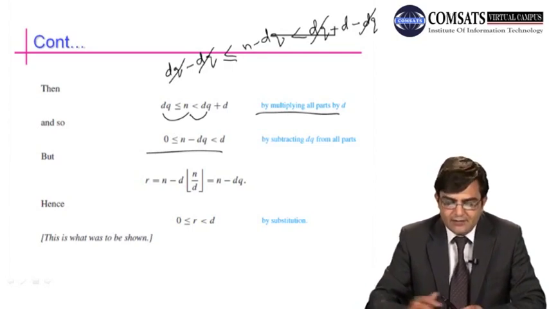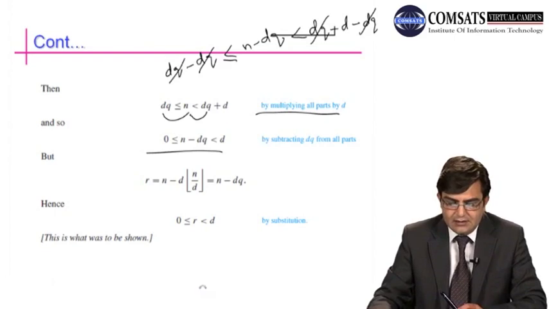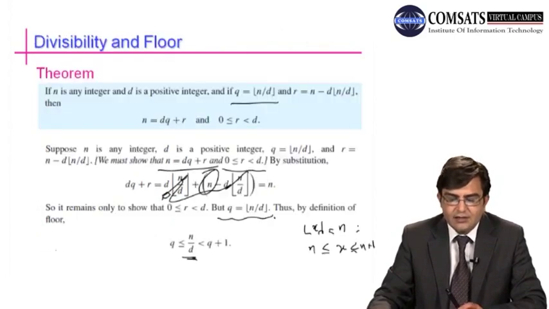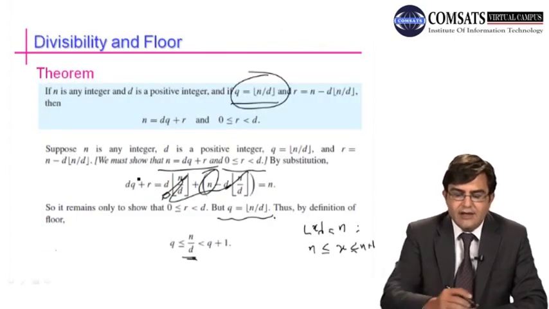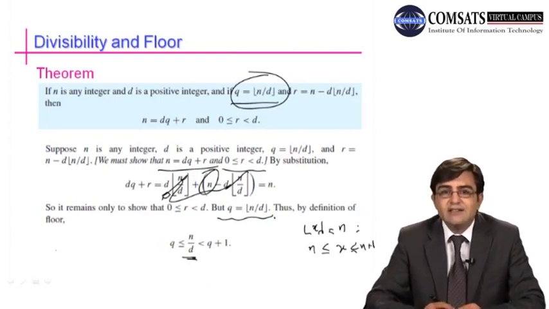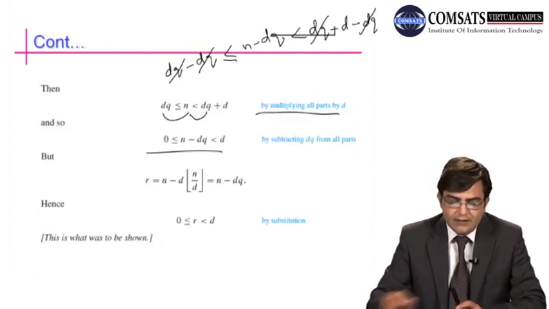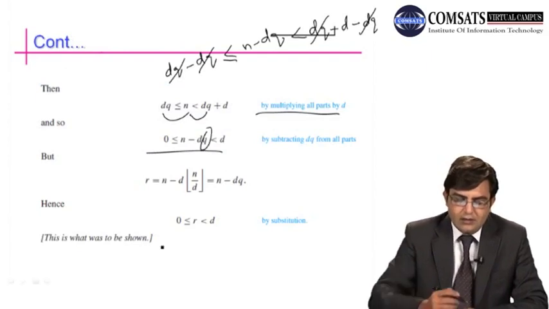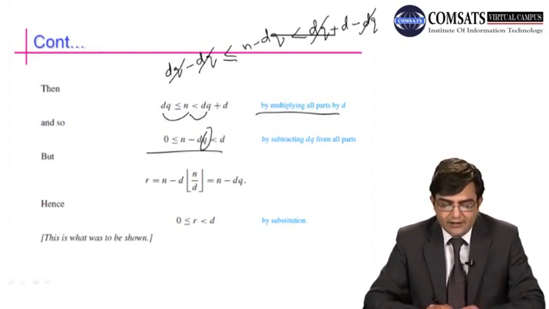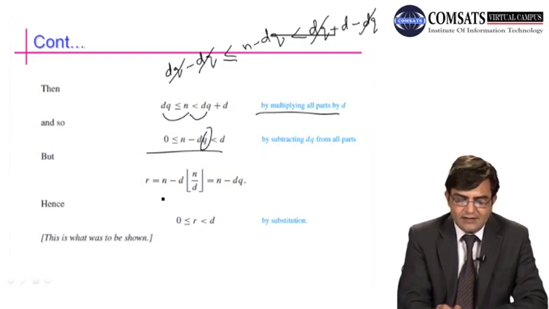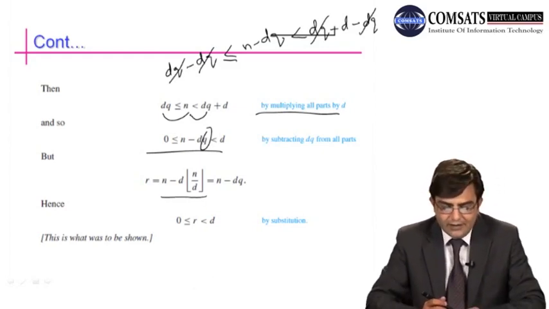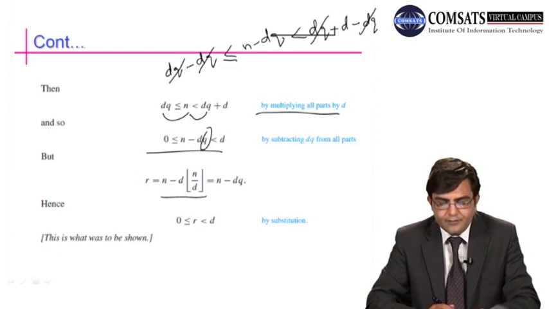Now as we have in the definition that q is floor of n by d, so here instead of q we can write floor of n by d, and we know that n minus d into floor of n by d is equal to r.